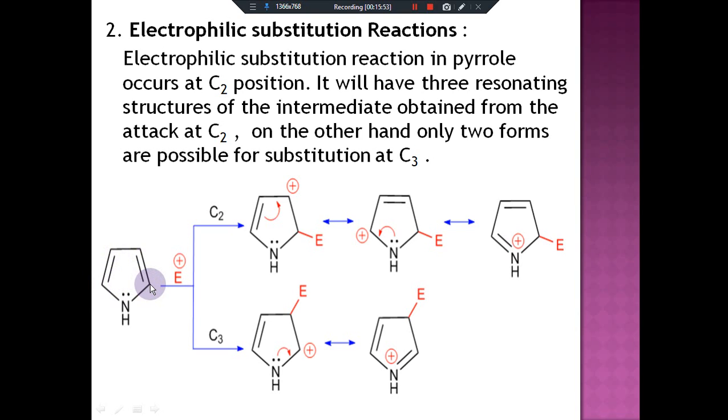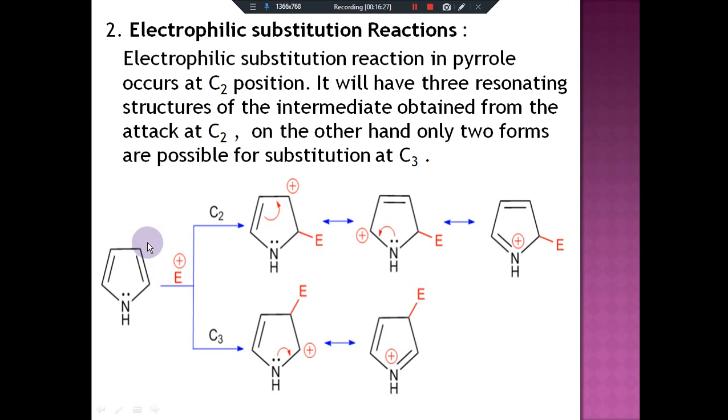C2 and C5 have a similar environment, whereas C3 and C4 have a similar environment. That means we have 2 different positions, C2 and C3. Electrophilic substitution may occur at C2 or at the C3 position. There are 2 chances. Which is favorable? That is the question now.